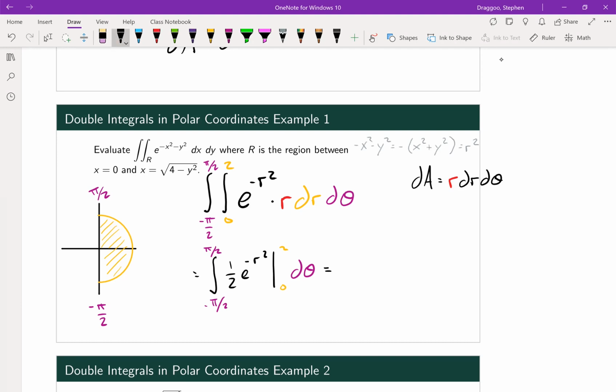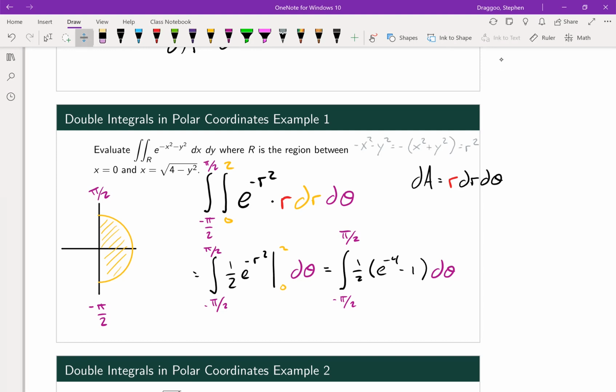Well, let's keep that going. We still have the integral part here. 1/2 times e to the negative 4 minus e to the 0, which is 1. Put our d theta in, still going from negative pi over 2 to pi over 2.